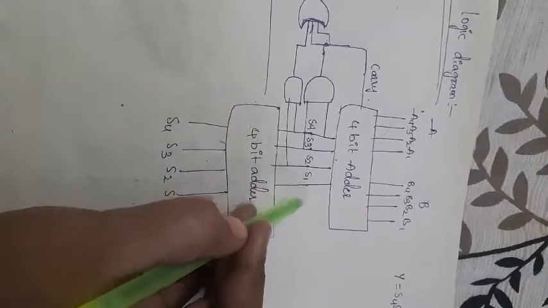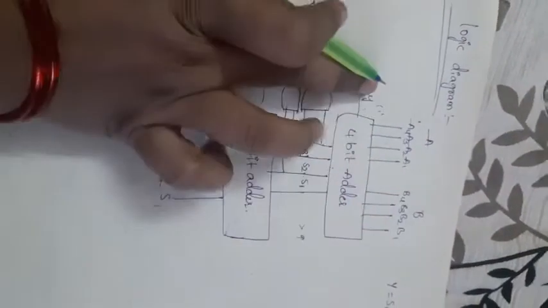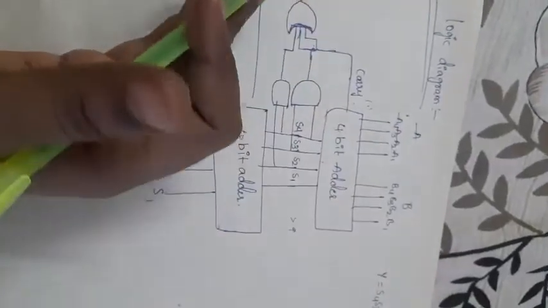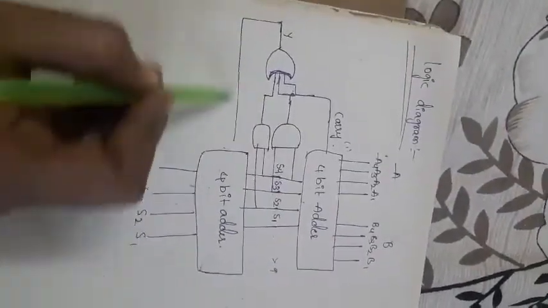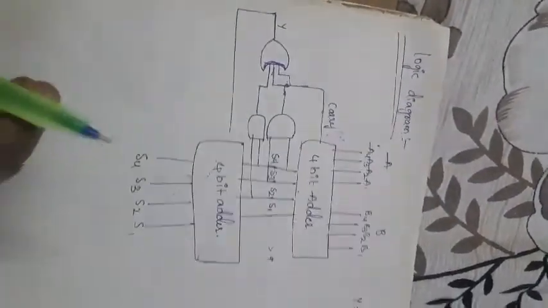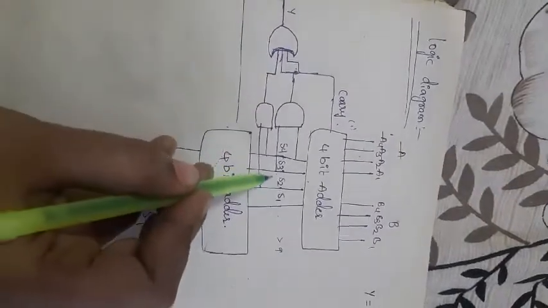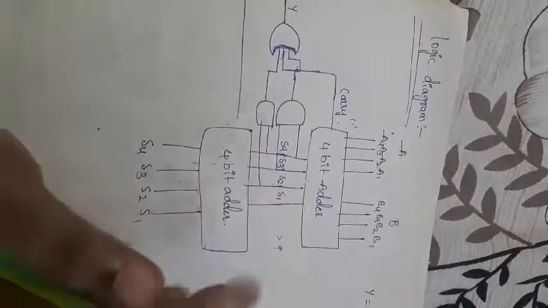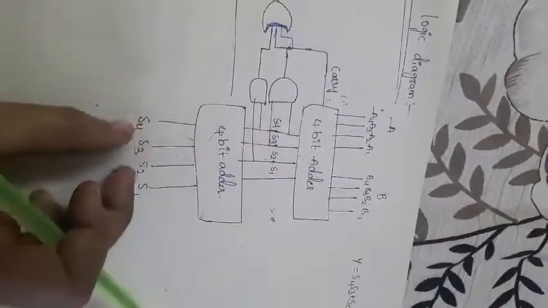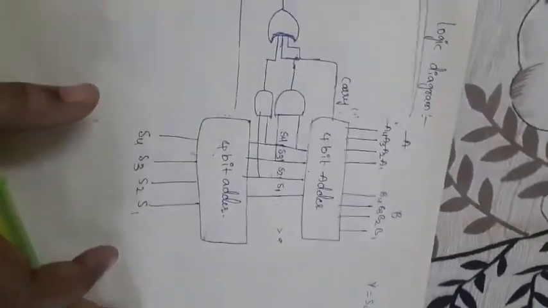In case S4, S3, S2, S1 is greater than 9 or a carry is generated, if any one of the two cases is raised, we compulsorily need to add 6 to this number. After adding, we get the result, and that result is the final sum for this 4-bit adder.